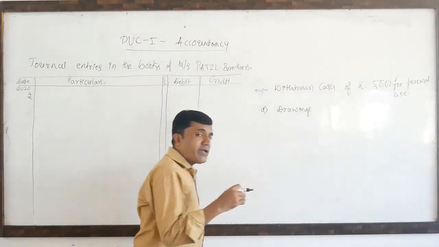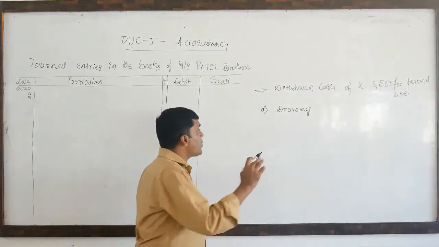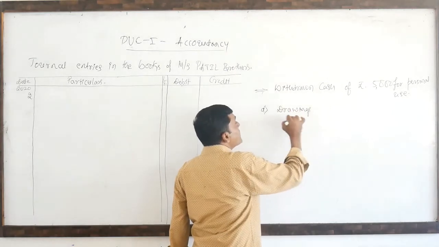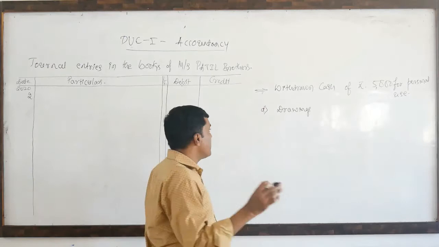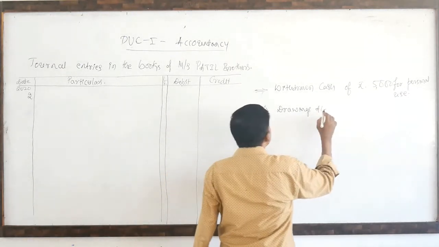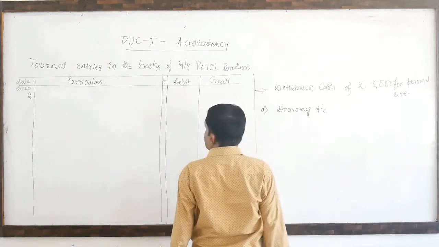When he invests the money into the business, we call him capital. When he draws the money from the business for his personal use, we need to use the term drawings instead of his name. So for that I am writing here drawings account. These are for the sake of this example only.